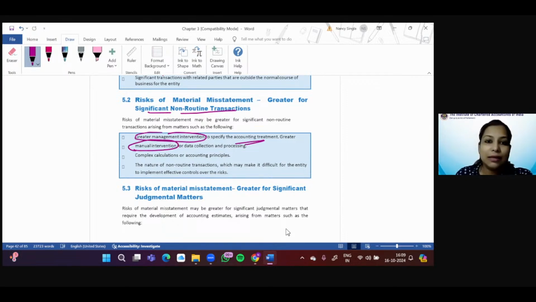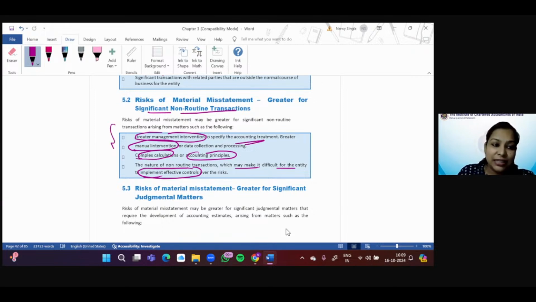Why? Because there will not be any automatic system, as this transaction has occurred for the first time, let's say, because it is non-routine in nature. Complex calculations or accounting policies, and the nature of a non-routine transaction, may make it difficult for the entity to implement effective control. So it is difficult for the organization to implement any effective control.